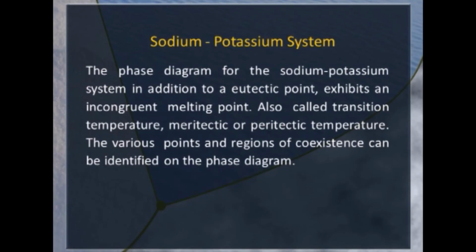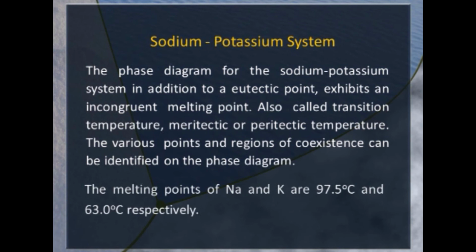As I told you, the phase diagram for sodium potassium system, in addition to a eutectic point, exhibits an incongruent melting point, also called the transition temperature, meritectic or peritectic temperature. The various points and the regions of coexistence can be easily identified on the phase diagram once you become familiar with it.